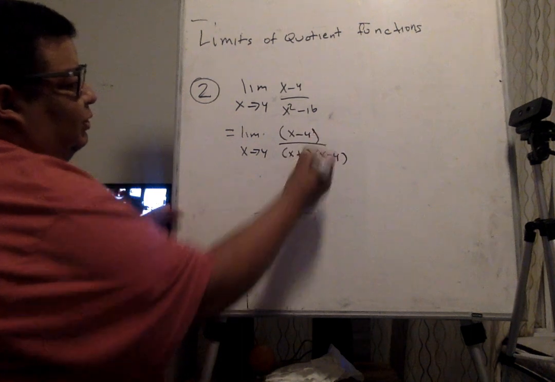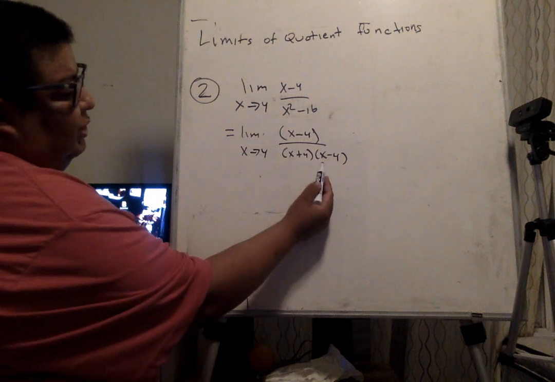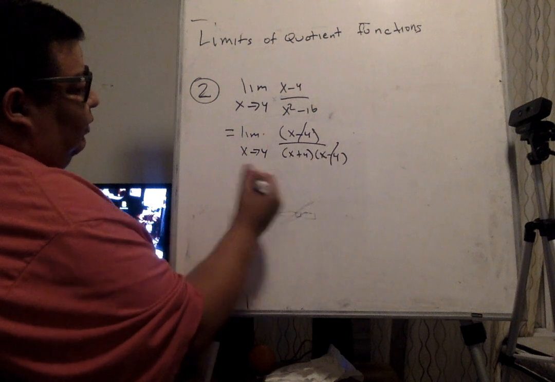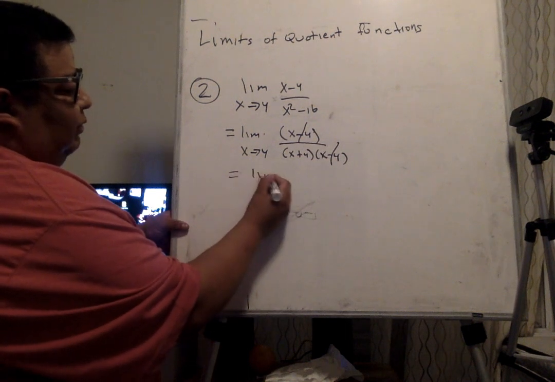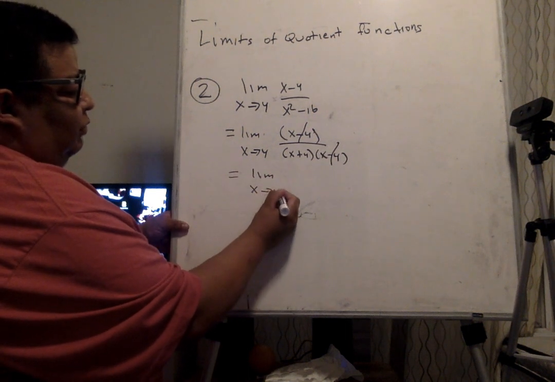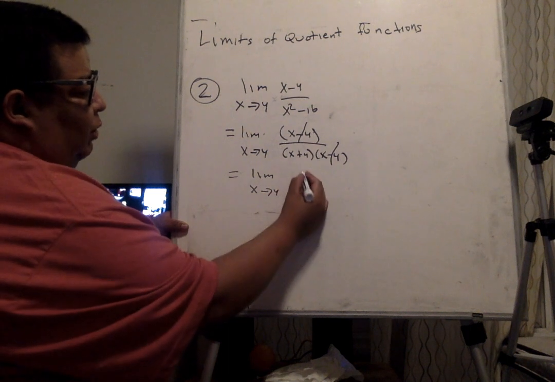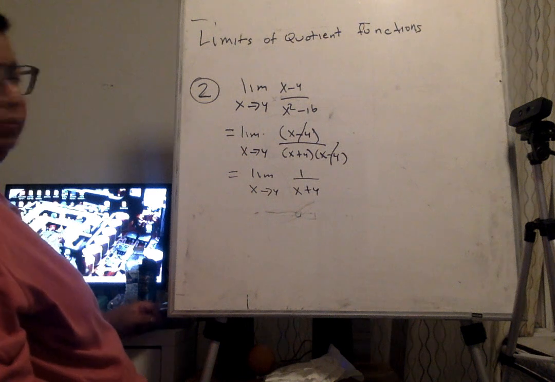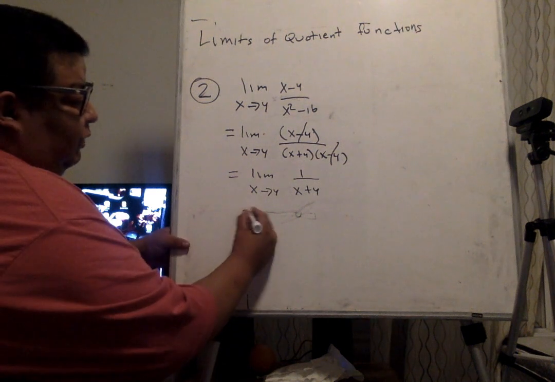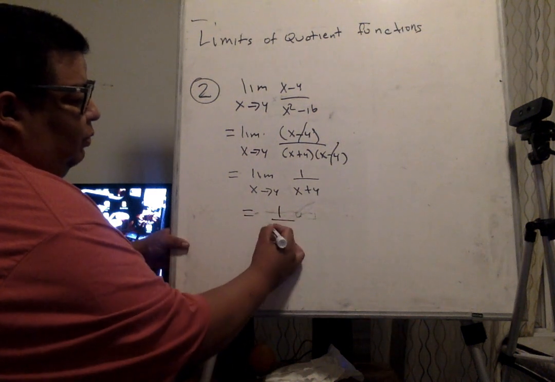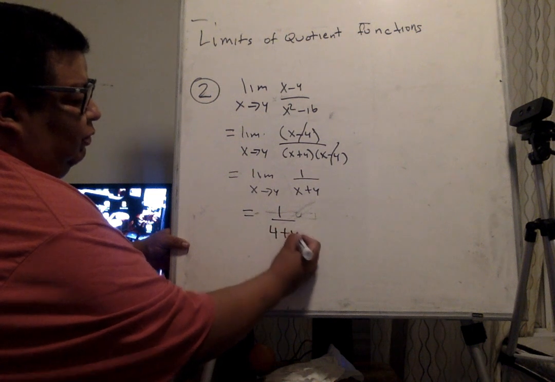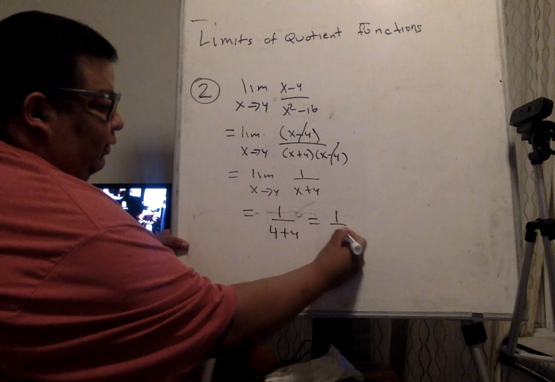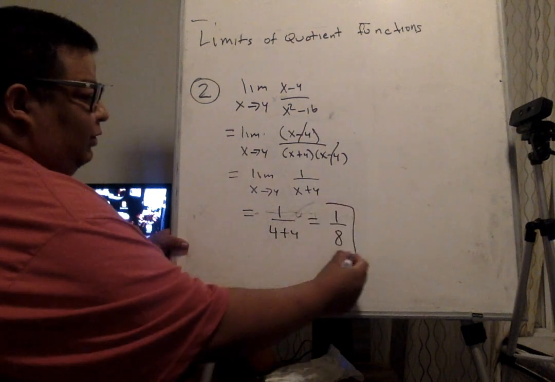Notice this quantity here is the same thing as this quantity, so we can cancel them, and we're left with limit as x approaches 4 of 1 over x plus 4. And the final step is just to plug in 4, so that will be 1 over 4 plus 4, which is 1 over 8. And that's our answer.